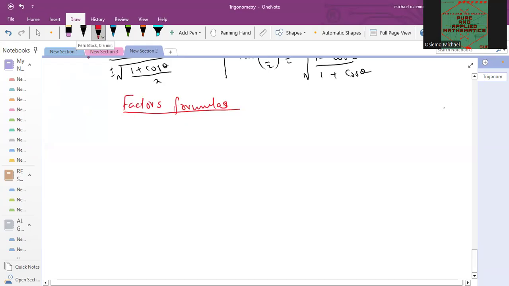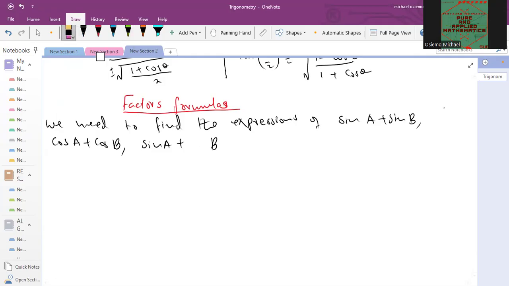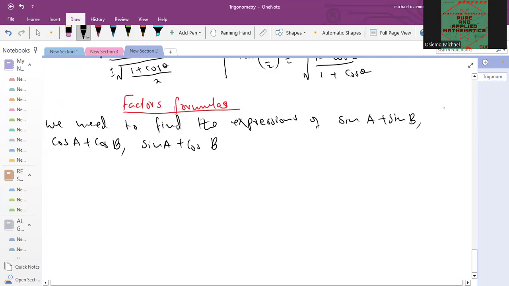Now, in this, we need to find the expressions of sin A plus sin B, and cos A plus cos B. Not sin A plus sin B, sin A plus cos B, where A and B are acute angles.